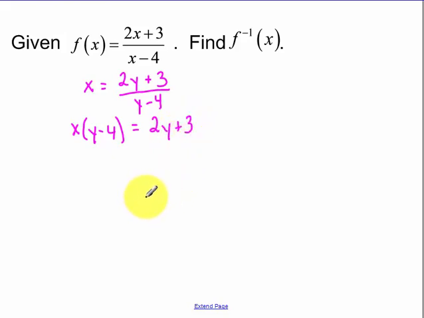Now I need to solve for y, so let's isolate any term that has a y in it. So I have xy minus 4x equals 2y plus 3. Let's get any term with a y on it to one side, any term that doesn't have a y on it to the opposite side. So I'm going to basically switch the location of this 4x and this 2y.